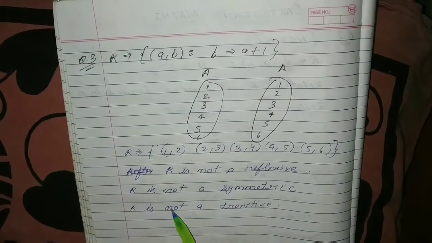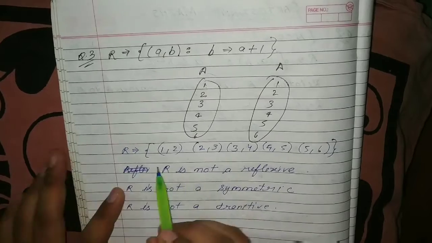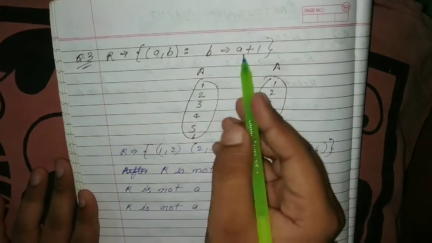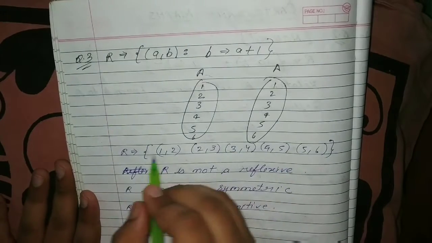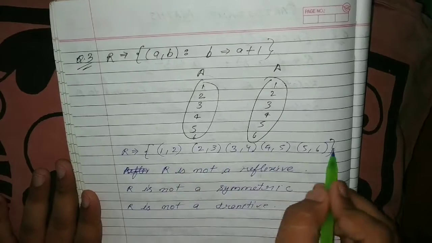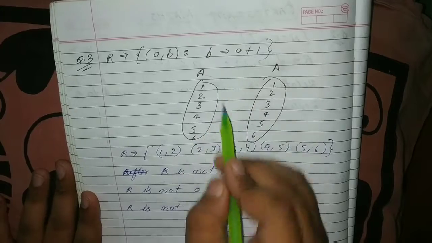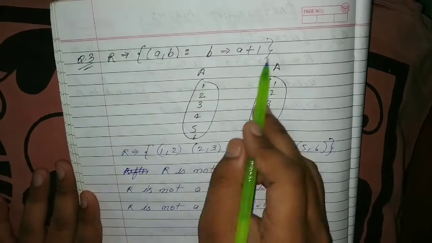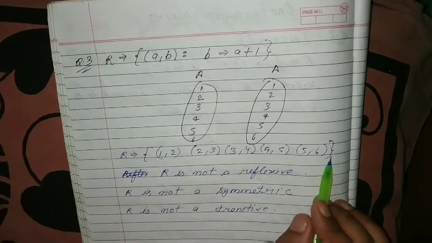Following this rule, we are going to make the subset inside the relation, and you guys can make the subset easily, so I am not going to tell how I have made this subset.